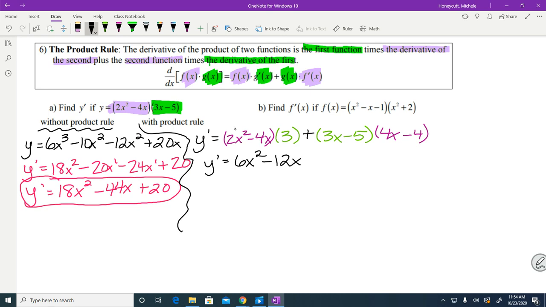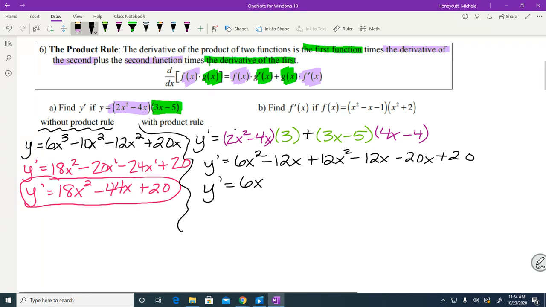And then 3x minus 5 times 4x minus 4 is 12x squared minus 12x minus 20x plus 20.